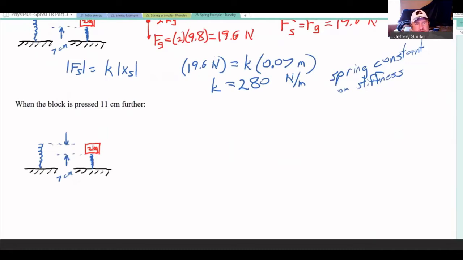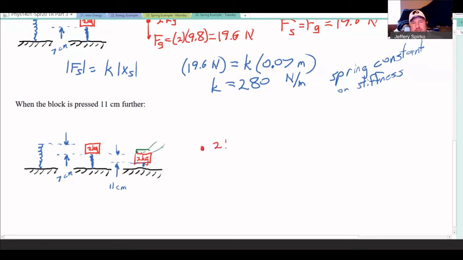So now in my third diagram, we're going to take this spring and really squish it. So it's here. So this is 11 centimeters. And here's the block. And in order to do this, we're going to have to put a hand here. So there is my impression of somebody putting a hand or a foot on there. I don't know what I drew. It's terrible, really.